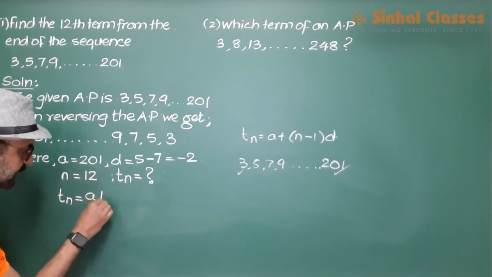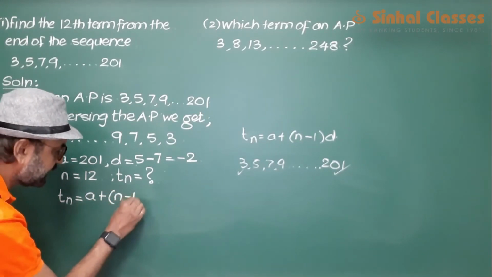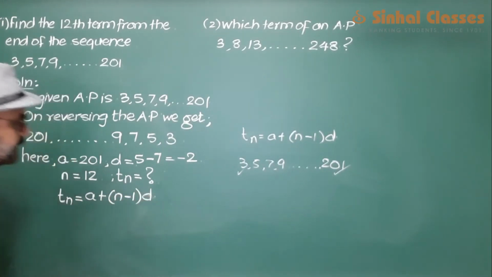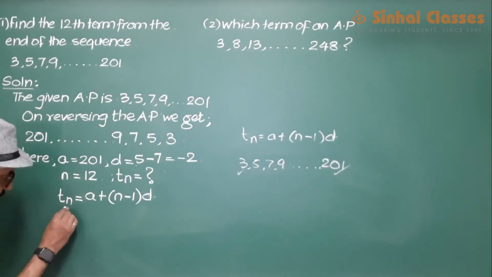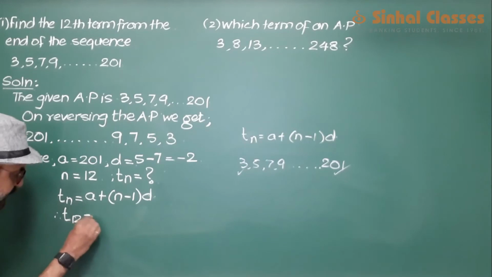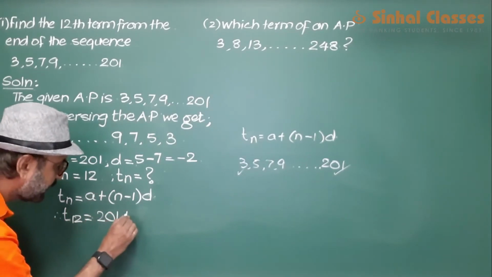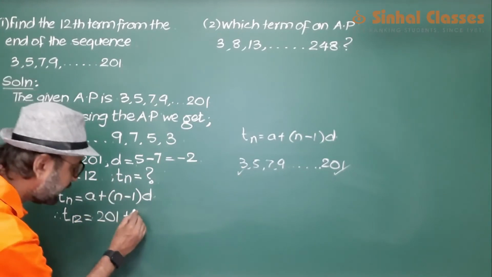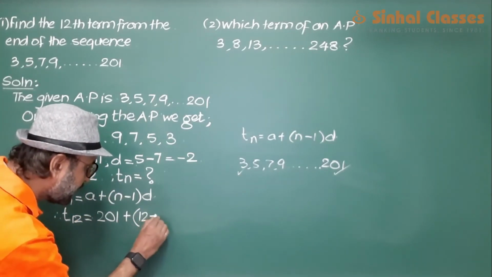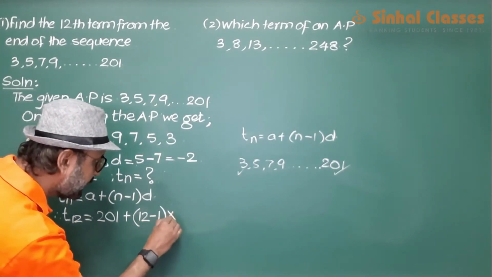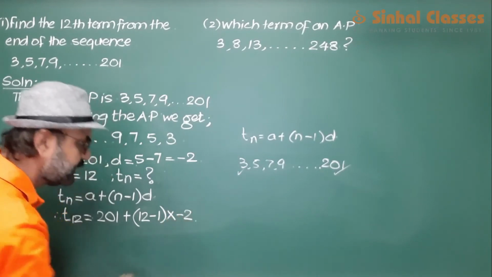Tn is a plus n minus 1 into d. Tn, which is T12, is equal to 201 plus n, which is 12 minus 1 into d.